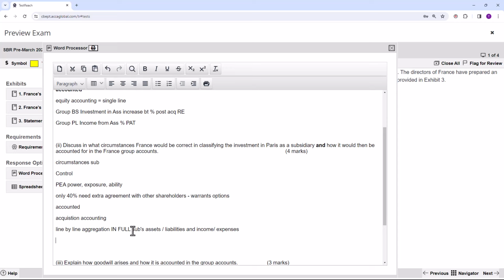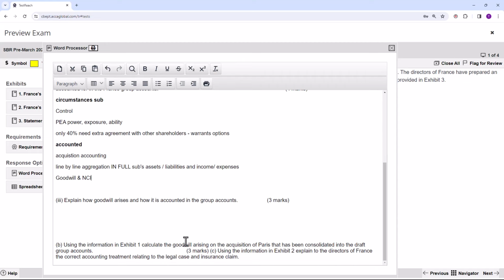Of course, acquisition accounting also involves recognizing goodwill and non-controlling interest. This needs to be polished, but I am giving you a high-level debrief. I want you to think about using subheadings, because we've got that keyword "and".